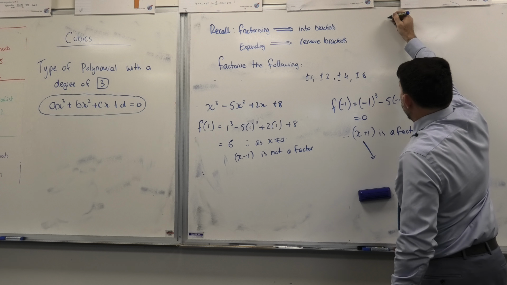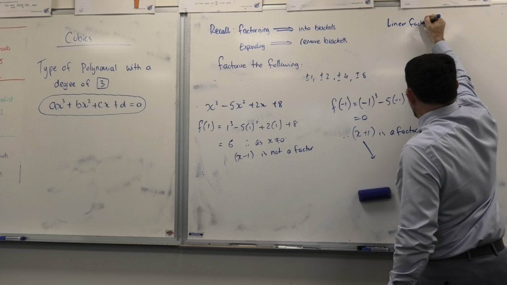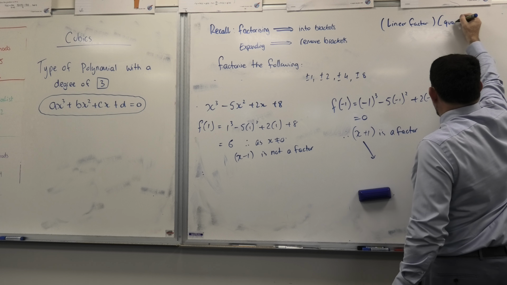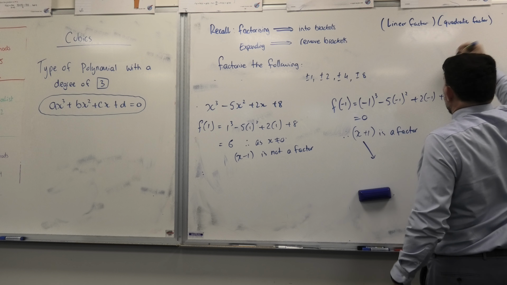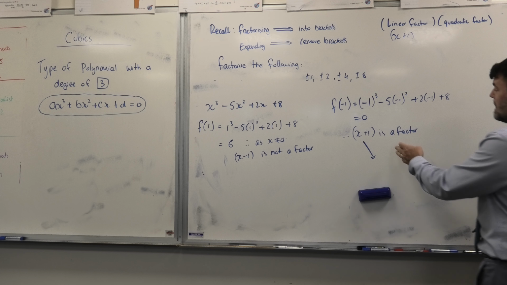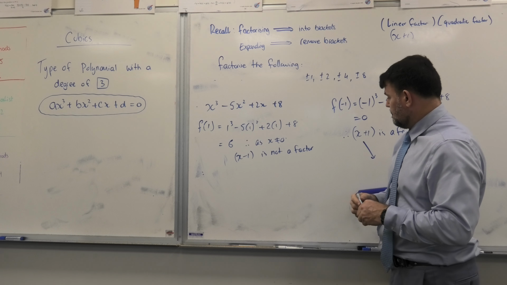Remember, to find a factor, I need a linear factor, and I need to multiply that with some quadratic factor. Well, I've got my linear factor here, x plus 1. Now I need to multiply that with some form of quadratic factor.